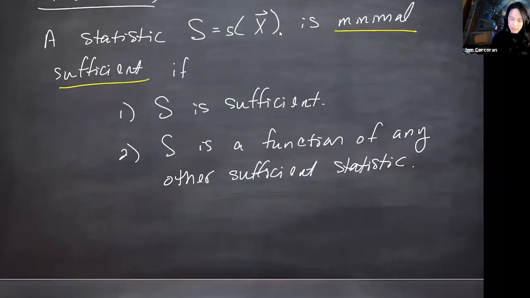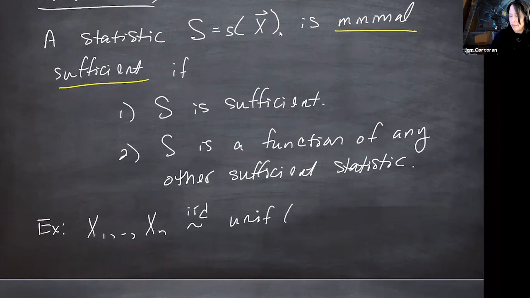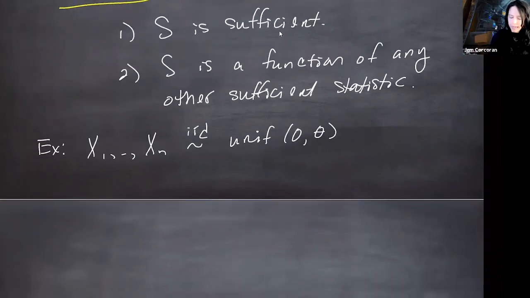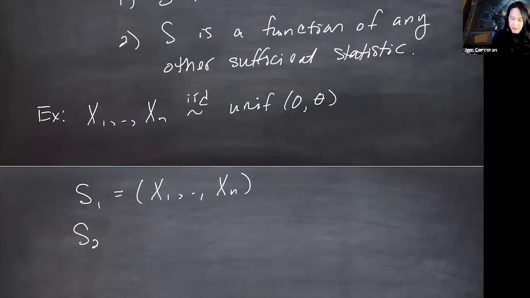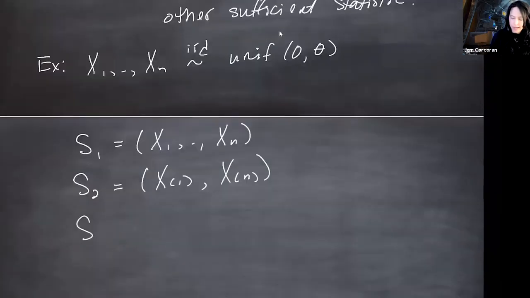So as an example, in the uniform 0 theta case, we had 3 sufficient statistics, and there are more. We tried the factorization criterion, and we didn't simplify the indicator, so we got that the full data set is sufficient, and we got that just having the min and max is sufficient, and we got that the max is sufficient.